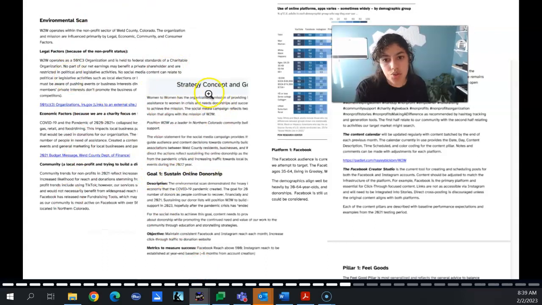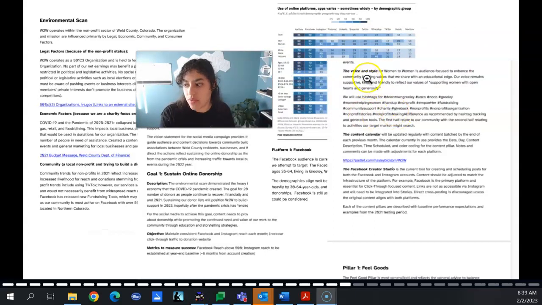And then things like the strategy: what are our goals, our concepts for this campaign, specific goals, what does it mean to sustain online donorship, what's our actual objective here, and what metrics will we see if we accomplish the objective. So you really go through and talk about all of that. Definitely include visuals to help people understand the data behind your decisions, behind the strategy. What makes it strategic is that it is informed. And then I end with the actual voice and style. Here's the legit things that we want to do.